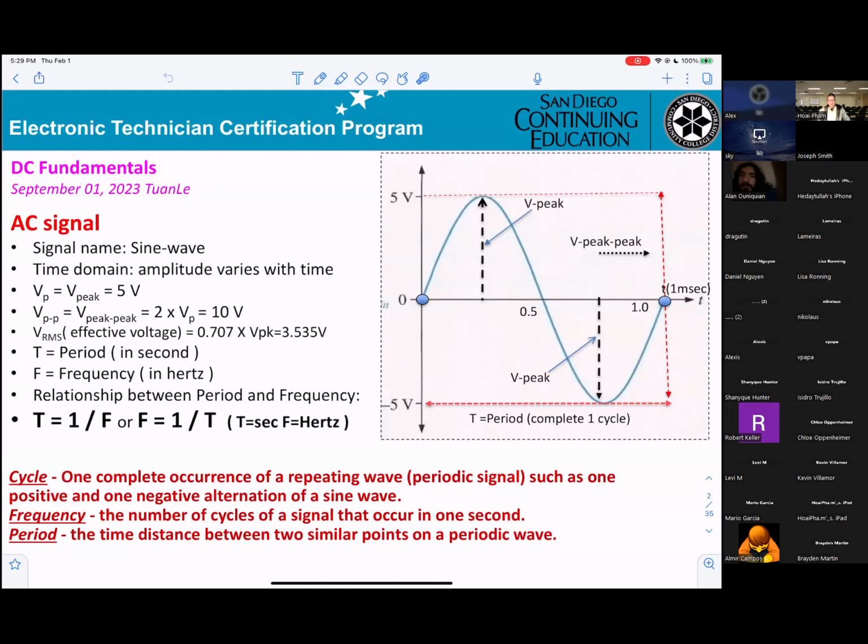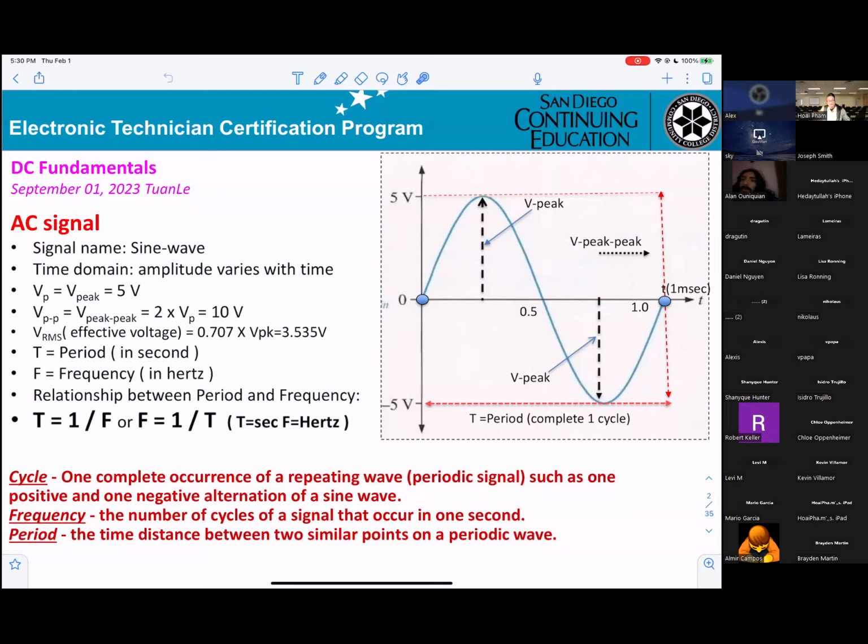Okay? And now they're talking about period. Period means you get a sine wave here. It goes up, goes down, and now goes up again. That means it repeats. Okay? That counts as 1 period. And this will be 1 millisecond. So the period, in this case, will be 1 millisecond. Okay?